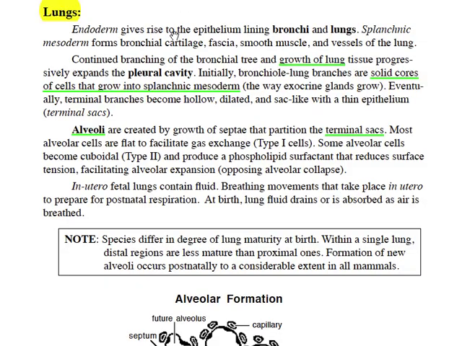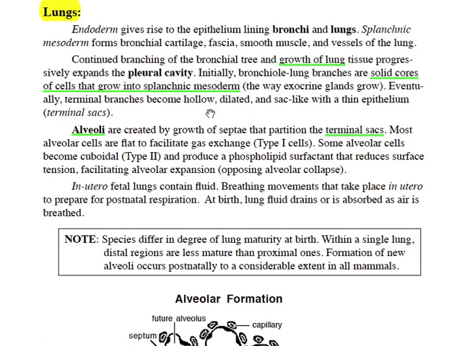As the embryo matures and the lungs continue to grow, they grow as solid cores of cells and cause expansion of the pleural cavity. So the pleural cavity has to dissect into the somatic wall to accommodate the growing lungs.